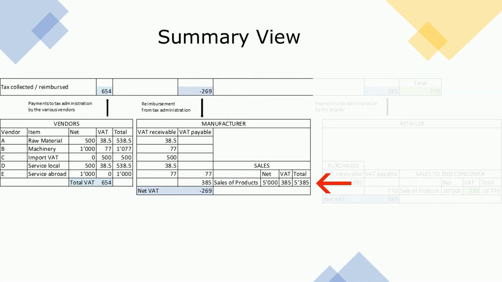VAT on sales to the distributor is recorded as VAT payable or output VAT. The net VAT payable or receivable by the manufacturer is calculated by adding up output VAT and deducting the sum of input VAT. In this example, the manufacturer is in a receivable position due to higher input than output VAT, and the manufacturer will receive 269 Swiss francs from Swiss tax administration.